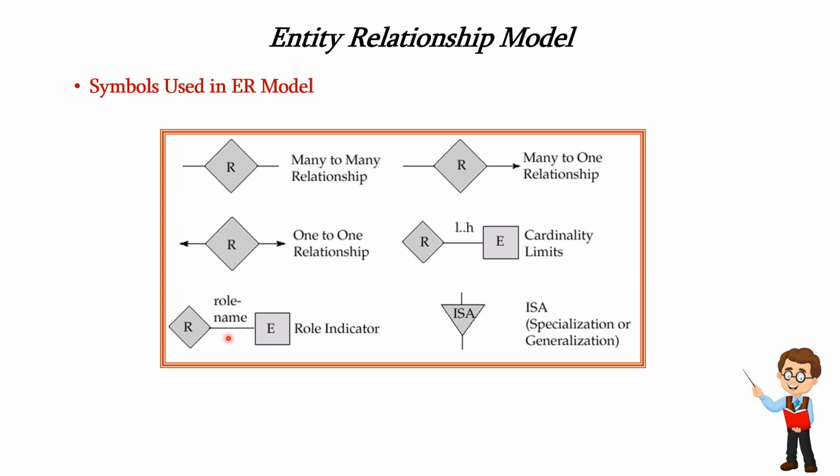And here we have the role indicator, which indicates the role, written above the line, played by the entity E in the relationship R. And we have ISA, which is represented by the inverted triangle and indicates specialization or generalization in the ER diagram. Let us see all these symbols in detail in the forthcoming slides with some examples.